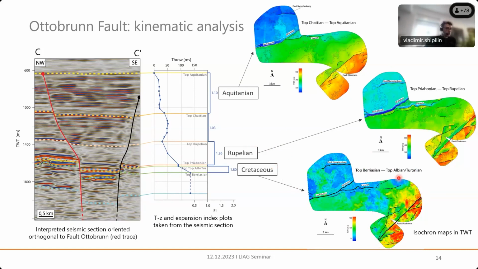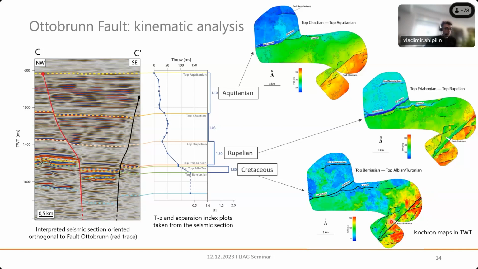Here, for example, we've got a thickness map of the Cretaceous interval. The warmer colors represent thickening of the interval. Cooler colors represent thinning.